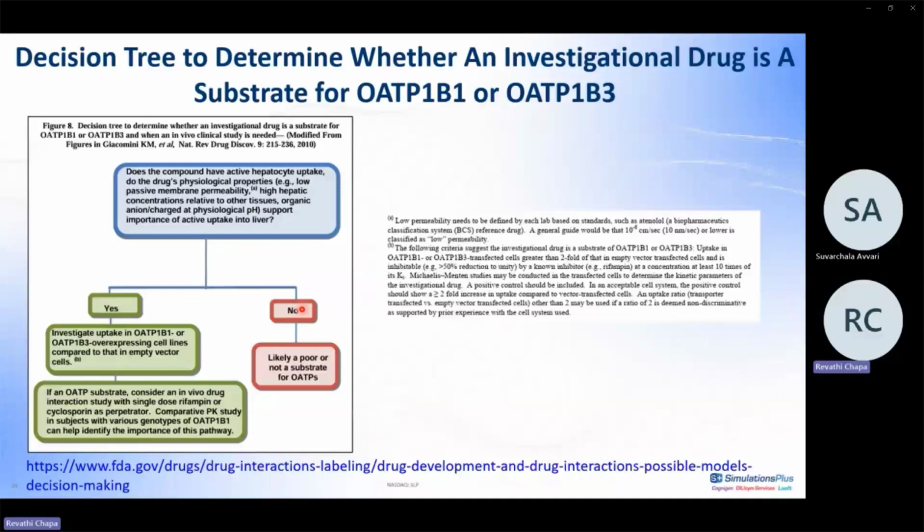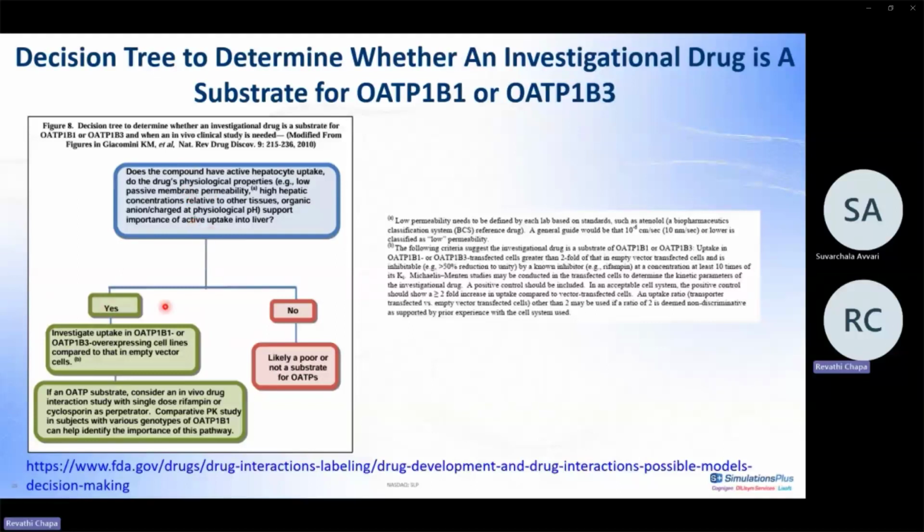And then we have a decision tree to determine if an investigational drug is a substrate for OATP 1B1 or 1B3. For example, if your compound has active hepatocyte uptake, and the drug's physiological properties, for example, low passive membrane permeability, high hepatic concentrations relative to other tissues, which can be determined in preclinical species, and if it's an organic anion, charged at physiological pH, it could be a potential compound for OATP 1B uptake.